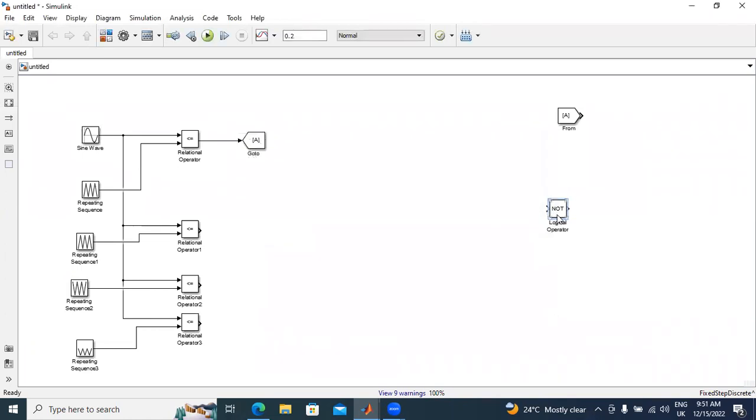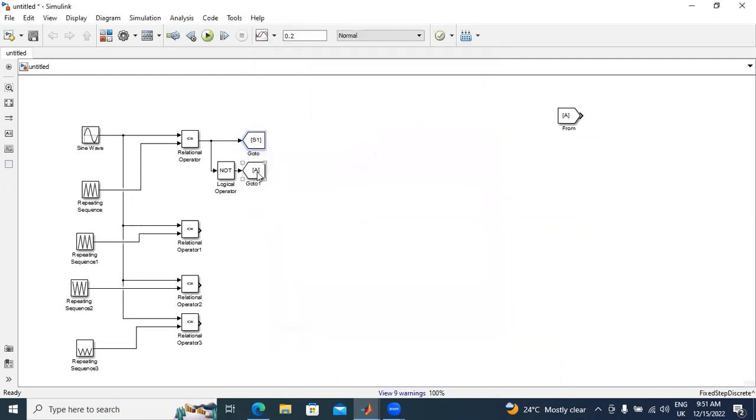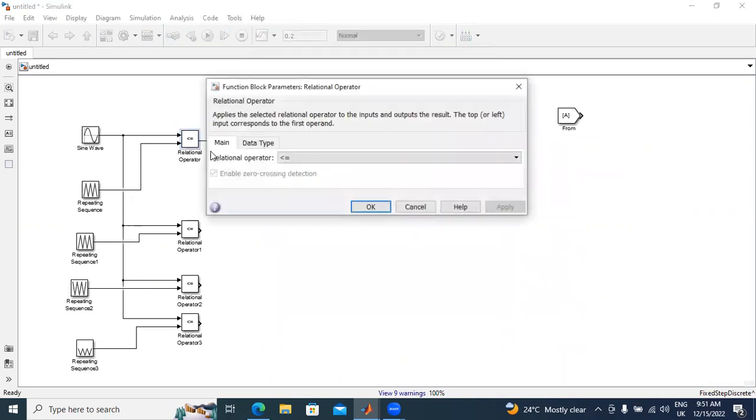I will connect here first. The switches are first S1 and S2. This is S1. This switch S1. This second switch S2. Will apply here greater than or equal.